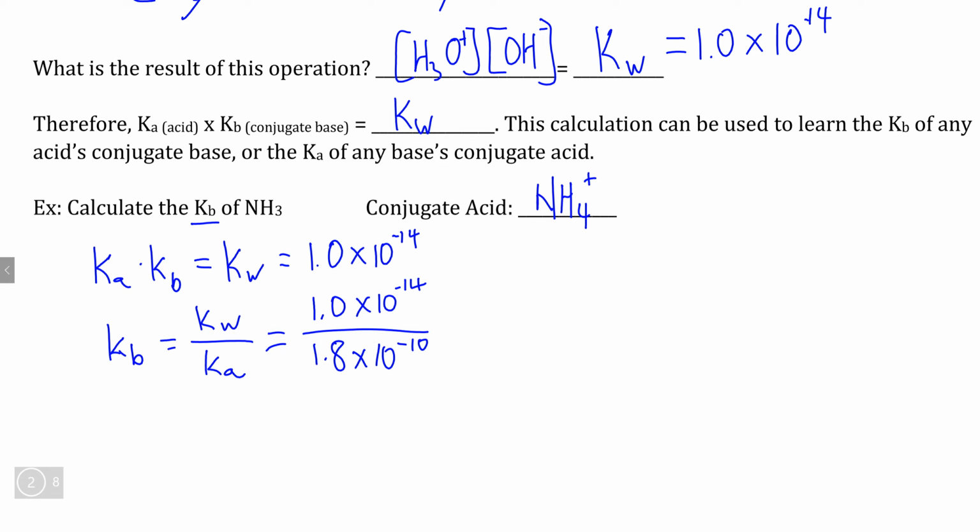I'm not going to bother putting this into a calculator because as a fraction, this is the most accurate representation.